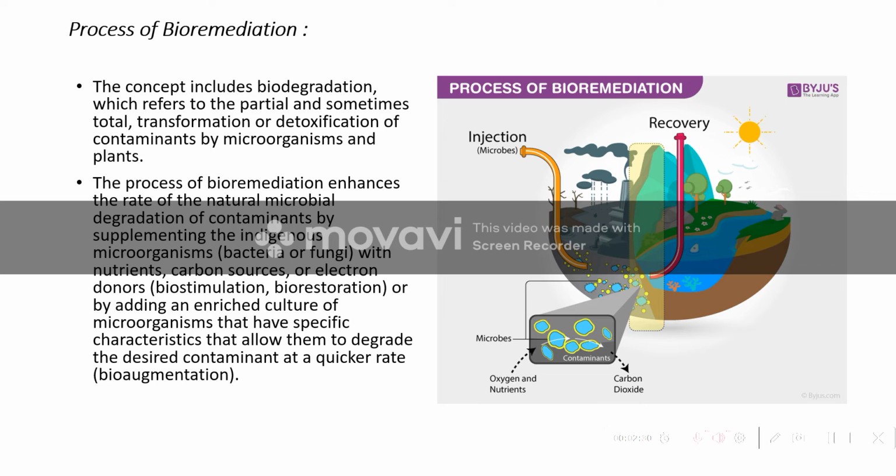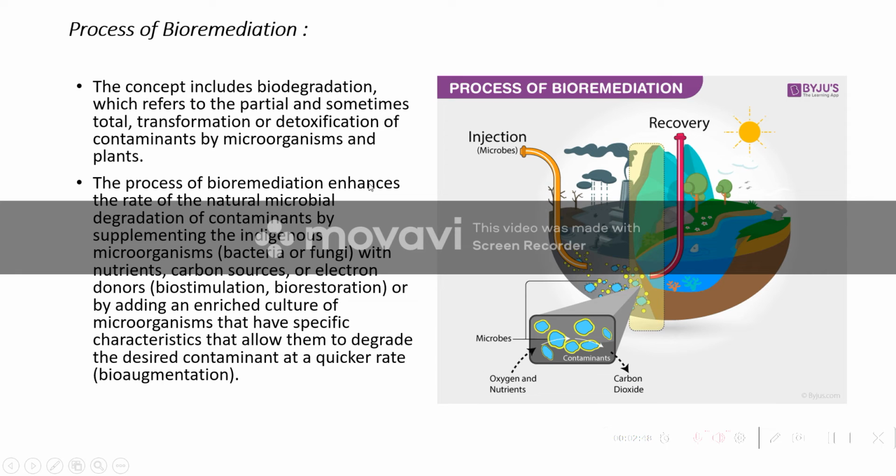The process of bioremediation, as you can see in the picture, the concept includes biodegradation, which refers to the partial and sometimes total transformation or detoxification of contaminants by microorganisms and plants.